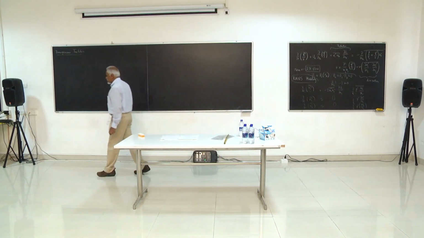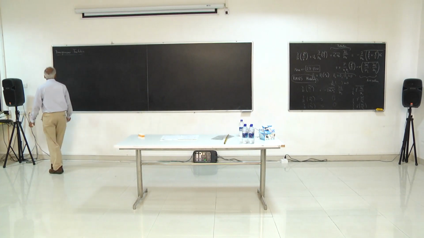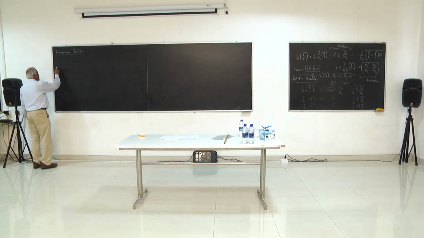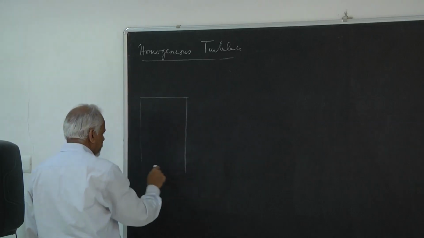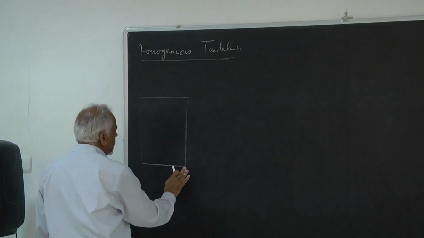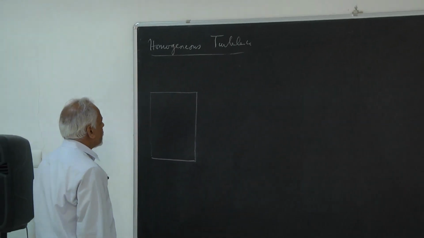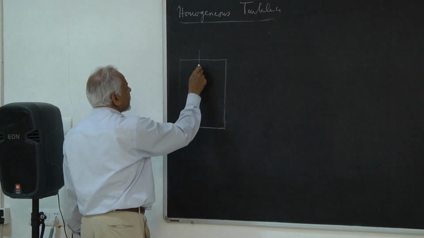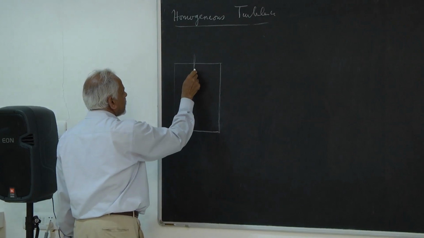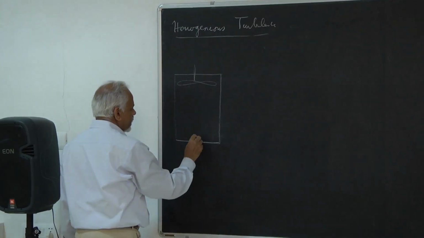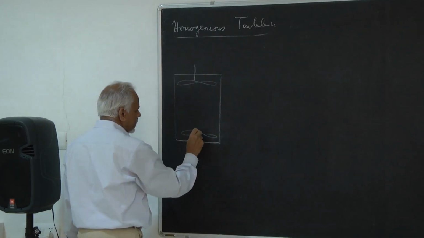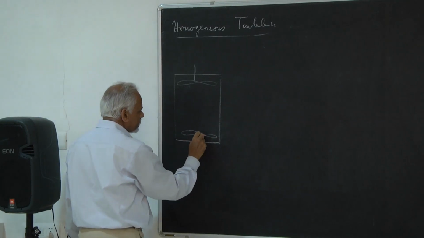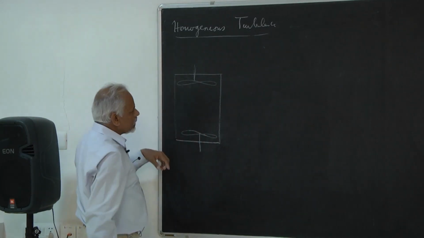Experimentally, how one realizes something like that is, for example, let's say I have a tube like that, and let's say I put a propeller of some sort there, another propeller here, and I spun the propeller slowly.